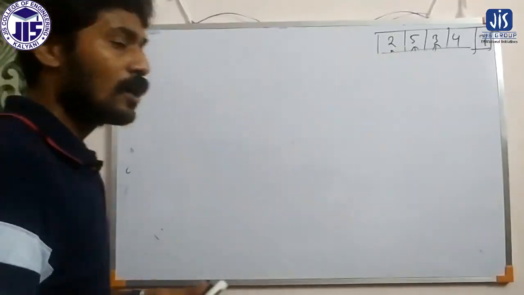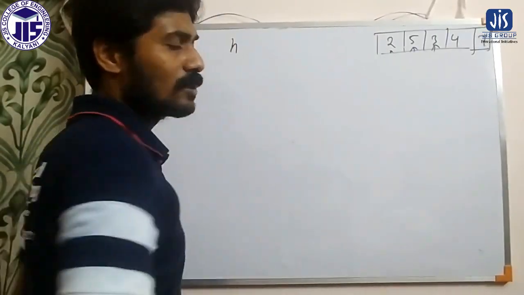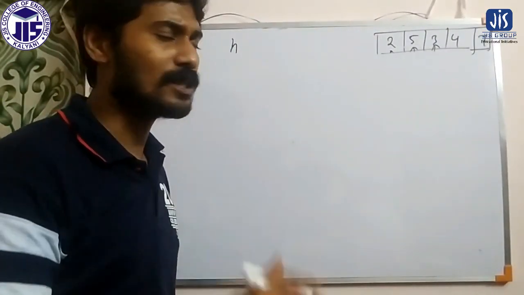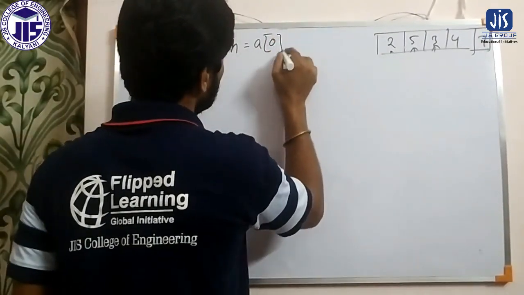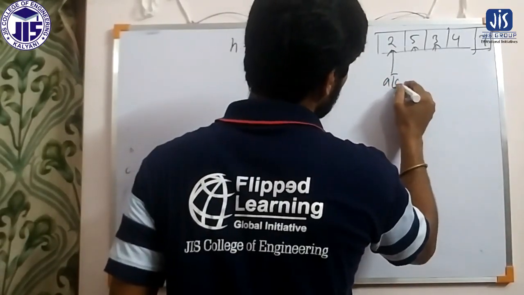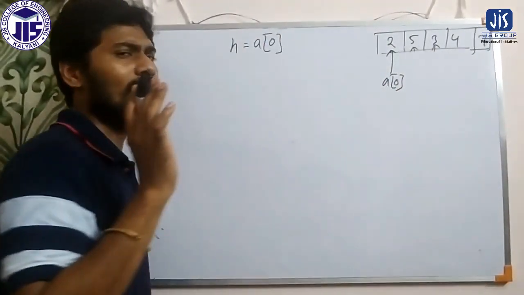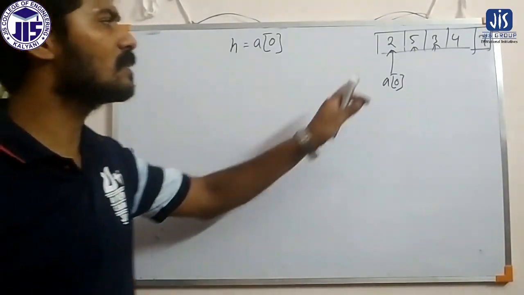For this, first we take a variable, say max, to store the maximum value, and by default we consider A0 as the highest element, because yet we don't know what the highest element is.